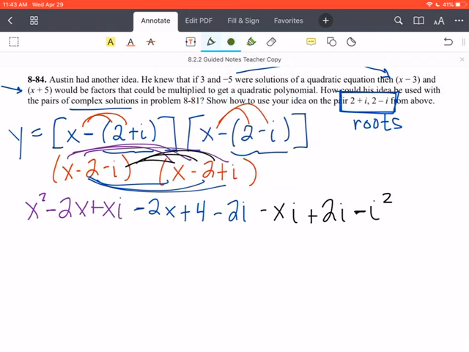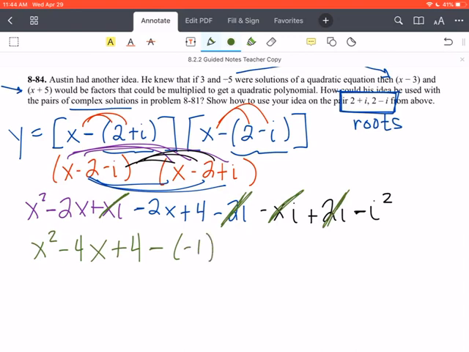So first of all, I see that I have my positive xi and my negative xi. I have my positive 2i and my negative 2i. Now I'm going to combine like terms, so negative 2x and negative 2x makes negative 4x, and then I have plus 4, and then what's i squared? Negative 1.